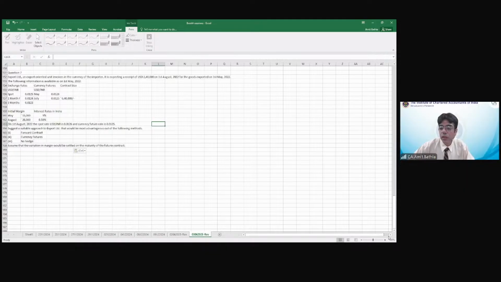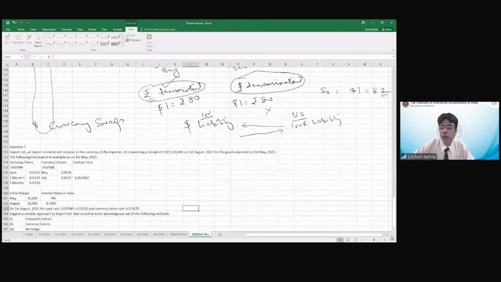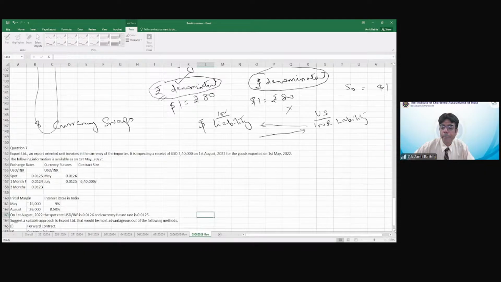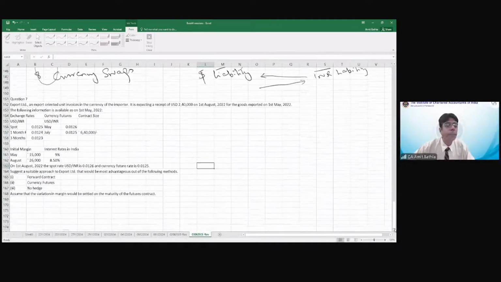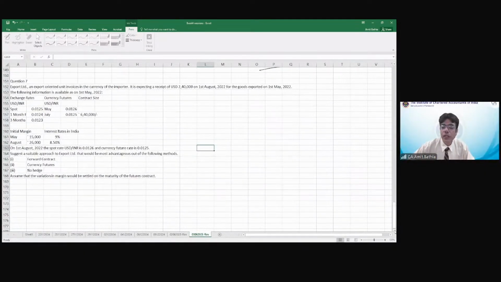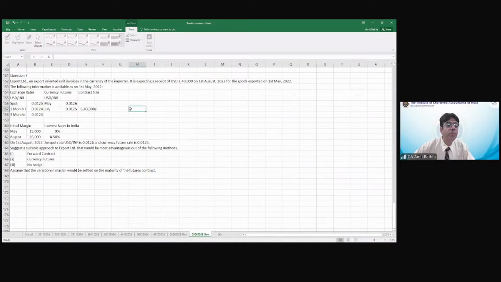So this is the question. Which are the approaches which we are comparing over here? Export limited, an export oriented unit, invoices in the currency of the importer.